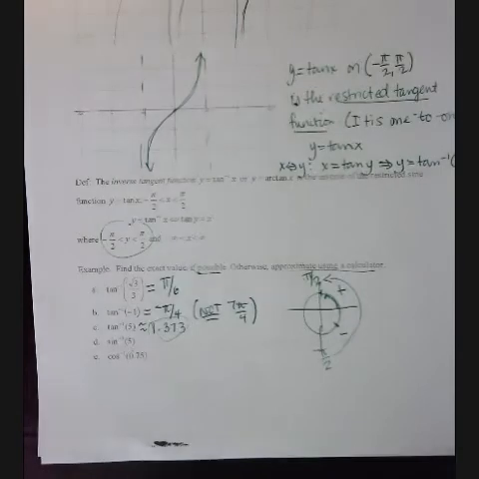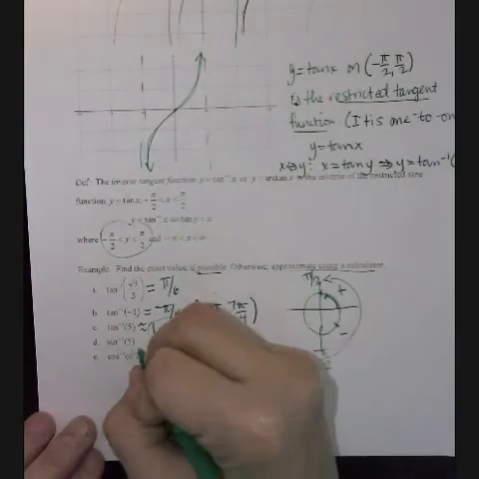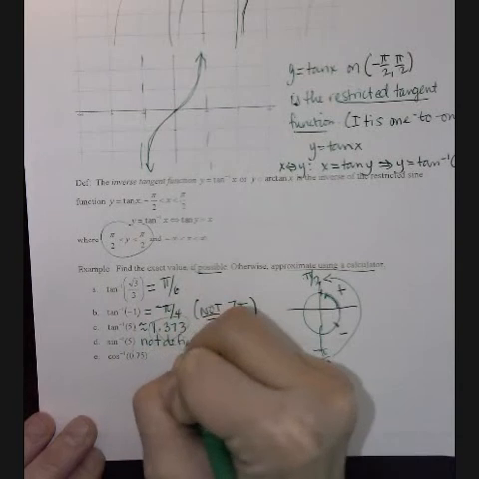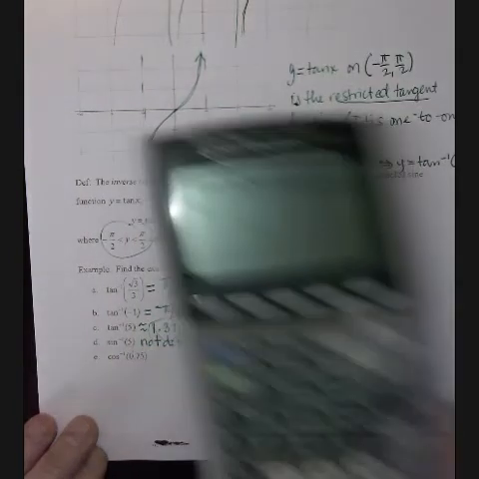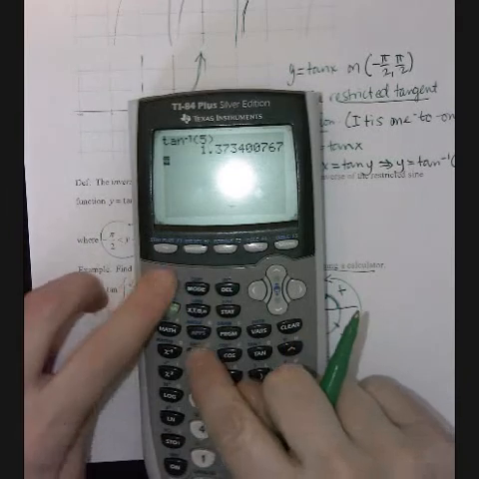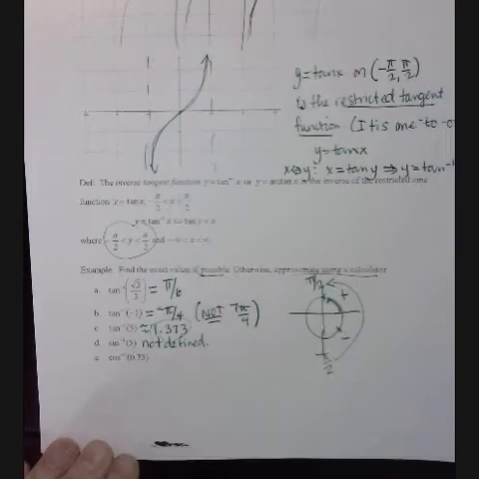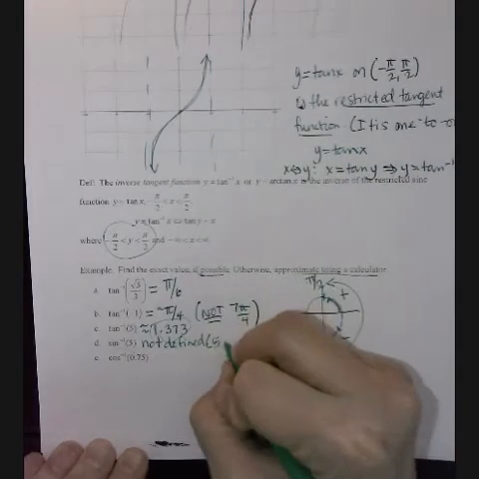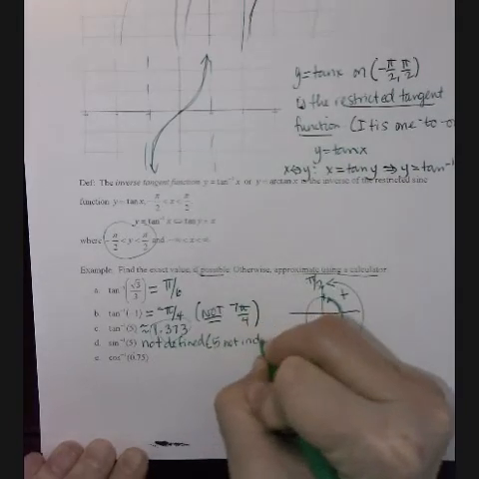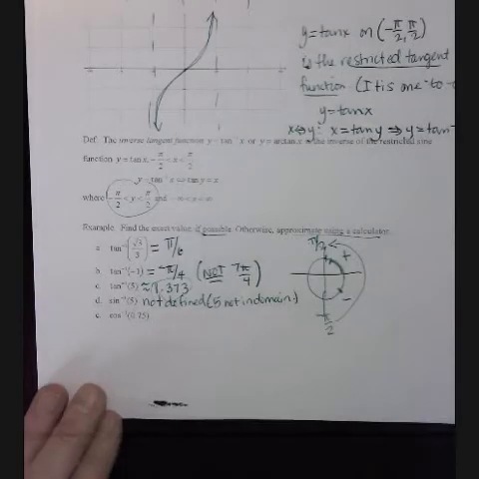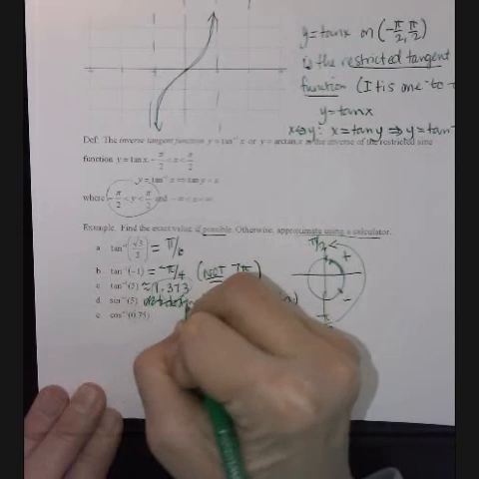So this is not defined. And if you plug that in your calculator, you get an error because that's not in the domain. We should just say 5 is not in the domain.